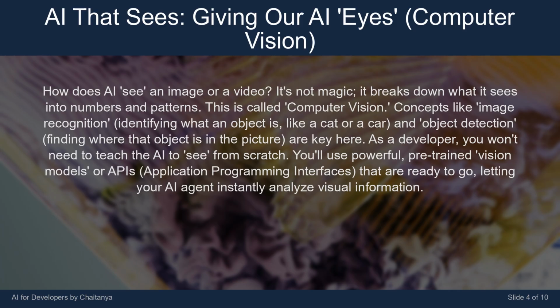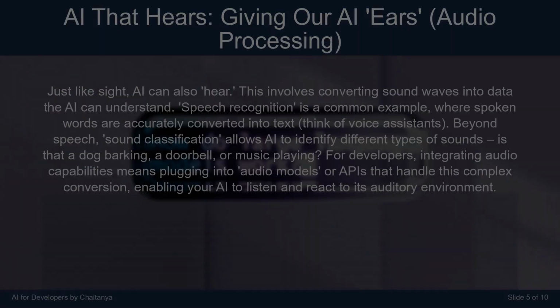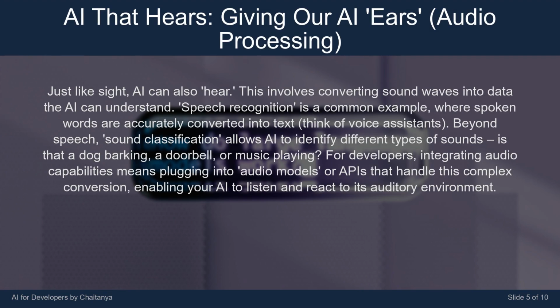As a developer, you won't need to teach the AI to see from scratch. You'll use powerful, pre-trained vision models or APIs, application programming interfaces, that are ready to go, letting your AI agent instantly analyze visual information.